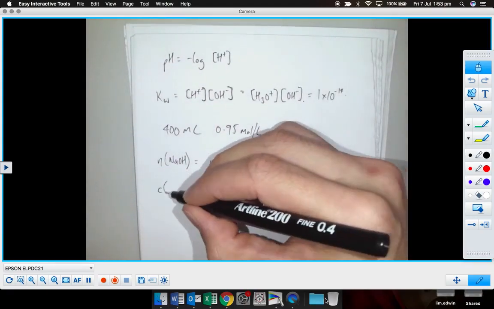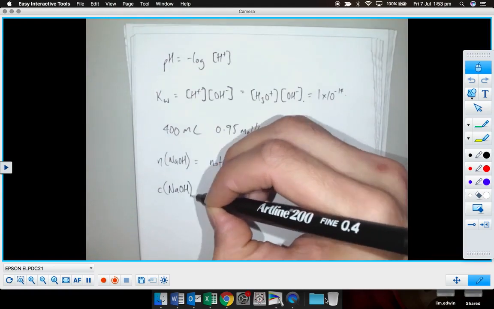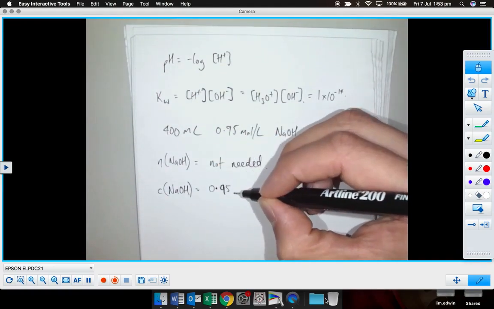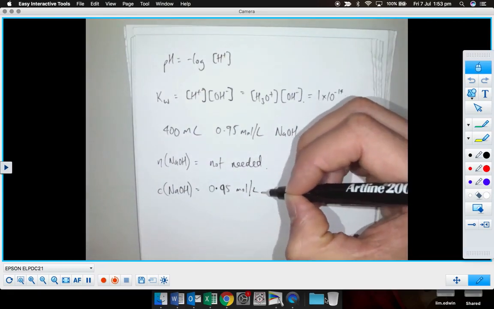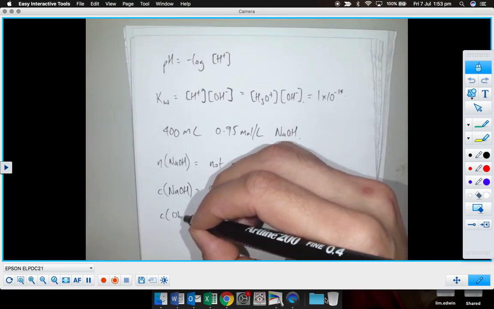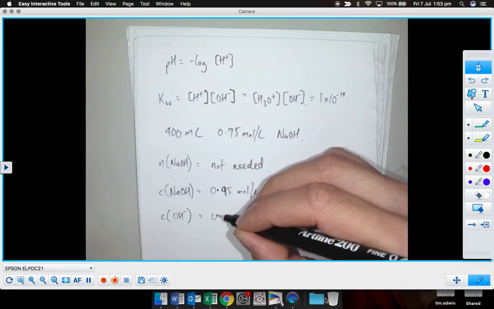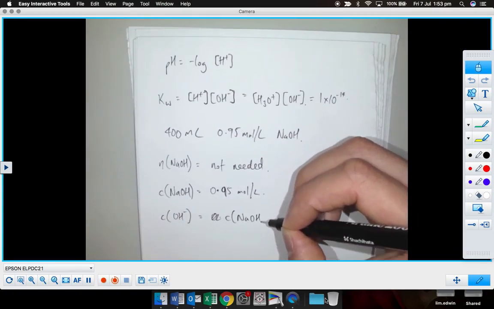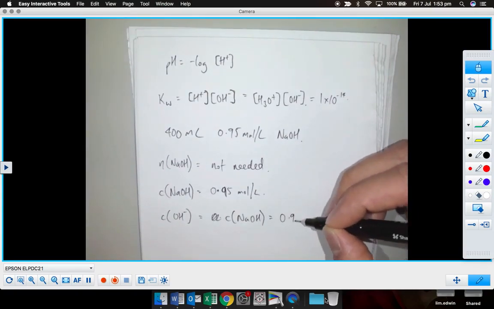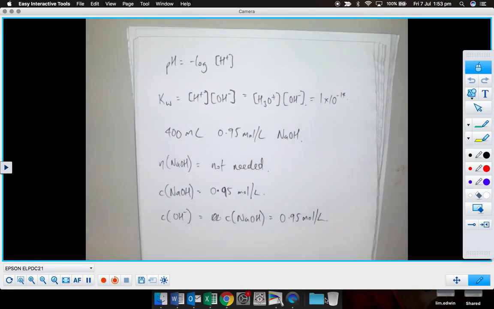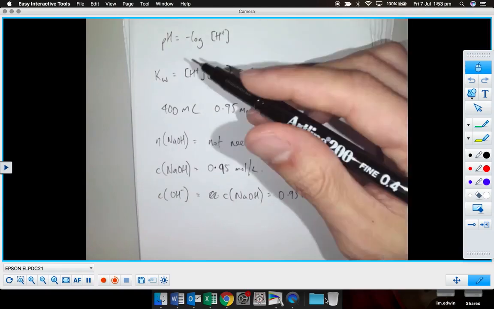You only need to work out the concentration of NaOH, which just so happens to be given to you as 0.95 moles per liter. Again, you need to show that you understand that the relationship between the NaOH and the OH minus is a 1-to-1 ratio. And then once you have that, we can apply Kw.